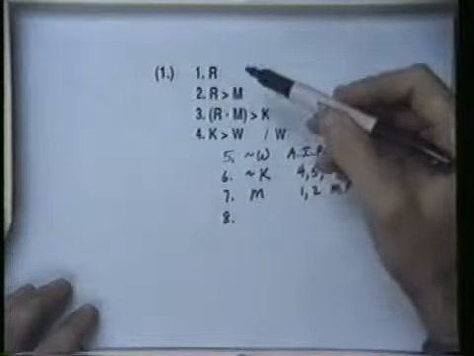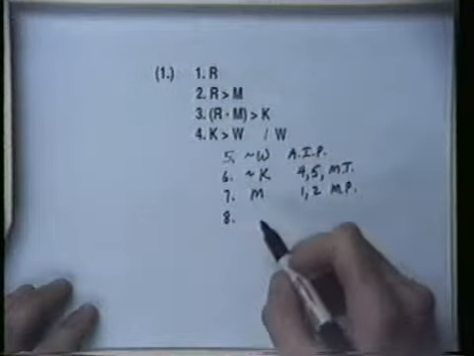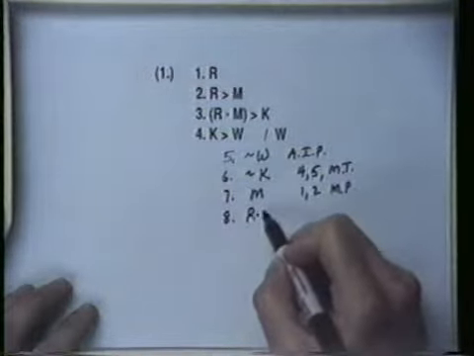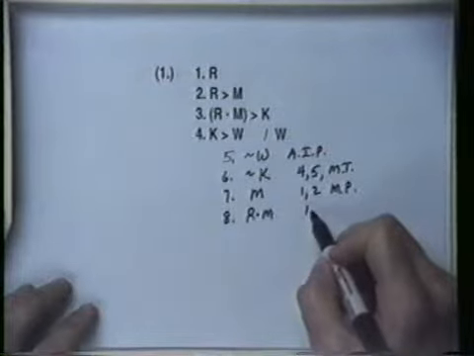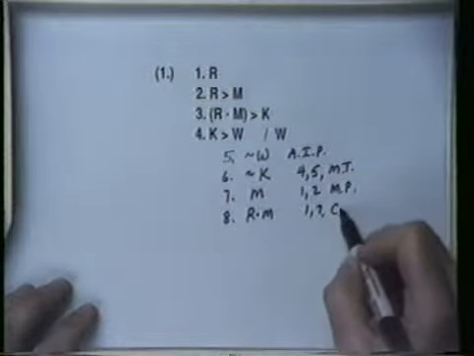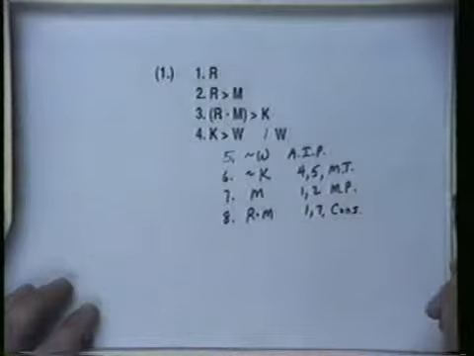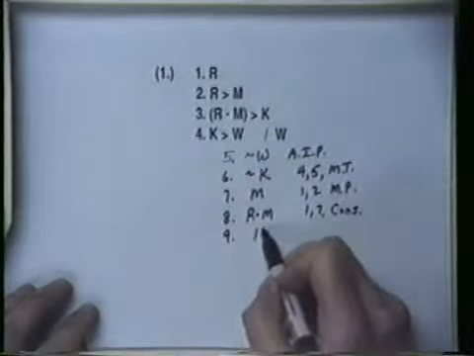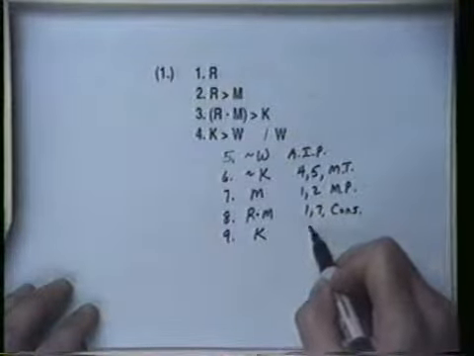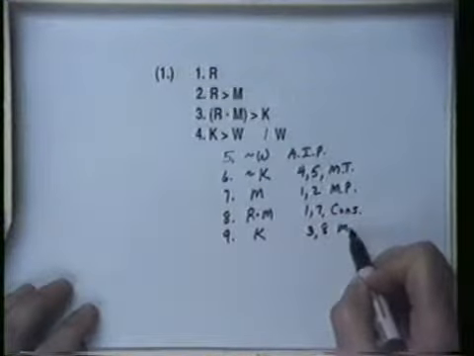That's no problem. So we take advantage of line 1 and line 7 to give us R and M. That's simply conjunction. And now we've got K by modus ponens on lines 3 and 8.